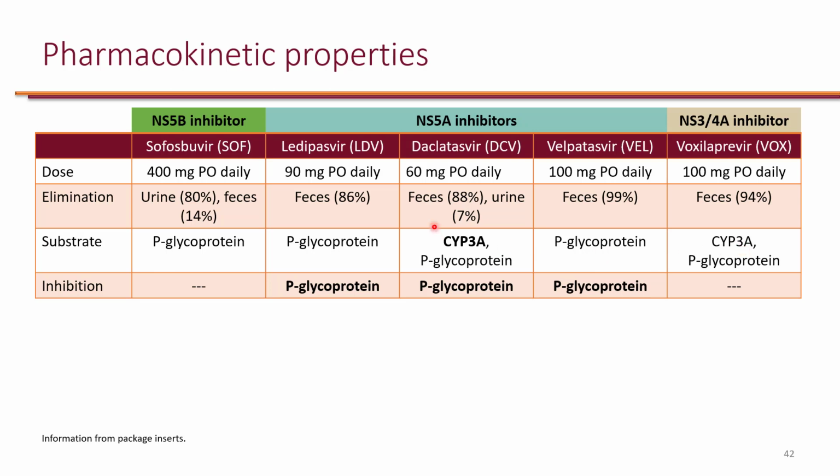In addition, daclatasvir is also a substrate of CYP3A enzyme. While voxilaprevir is also a substrate of CYP3A, daclatasvir is significantly more impacted by CYP3A interactions. In addition, ledipasvir, daclatasvir, and velpatasvir themselves inhibit P glycoprotein.